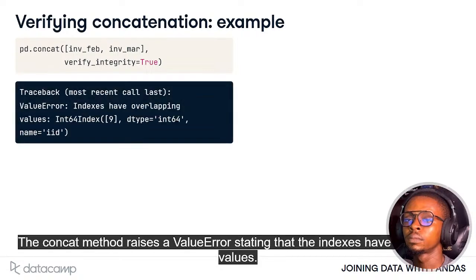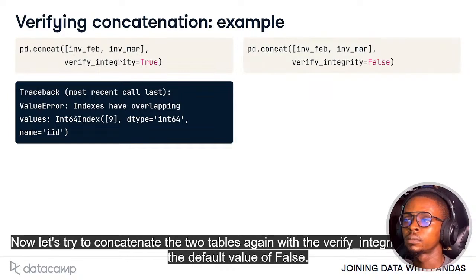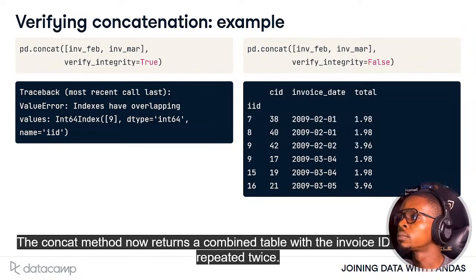The concat method raises a value error stating that the indexes have overlapping values. Now, let's try to concatenate the two tables again with verify integrity set to the default value of false. The concat method now returns a combined table with the invoice ID 9 repeated twice.